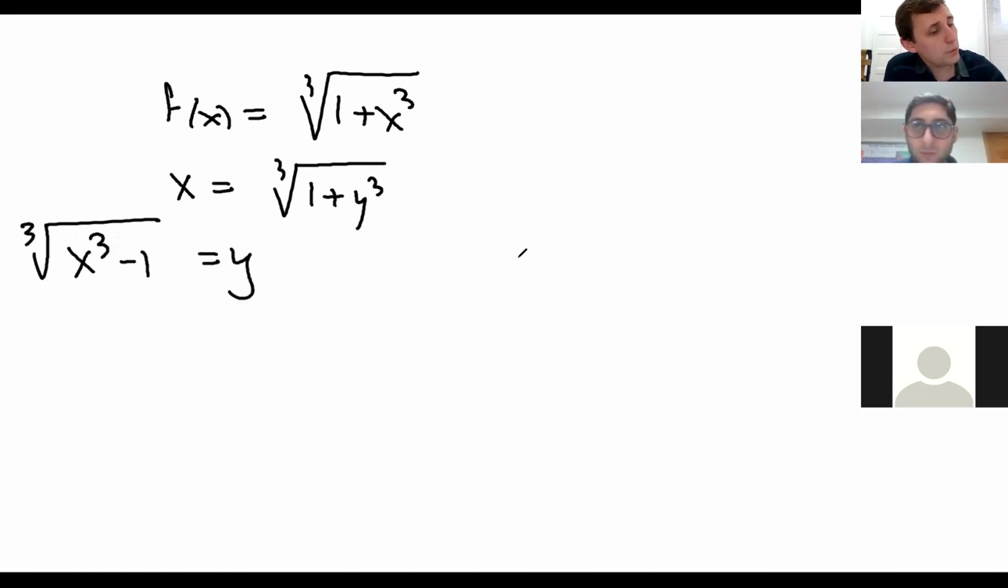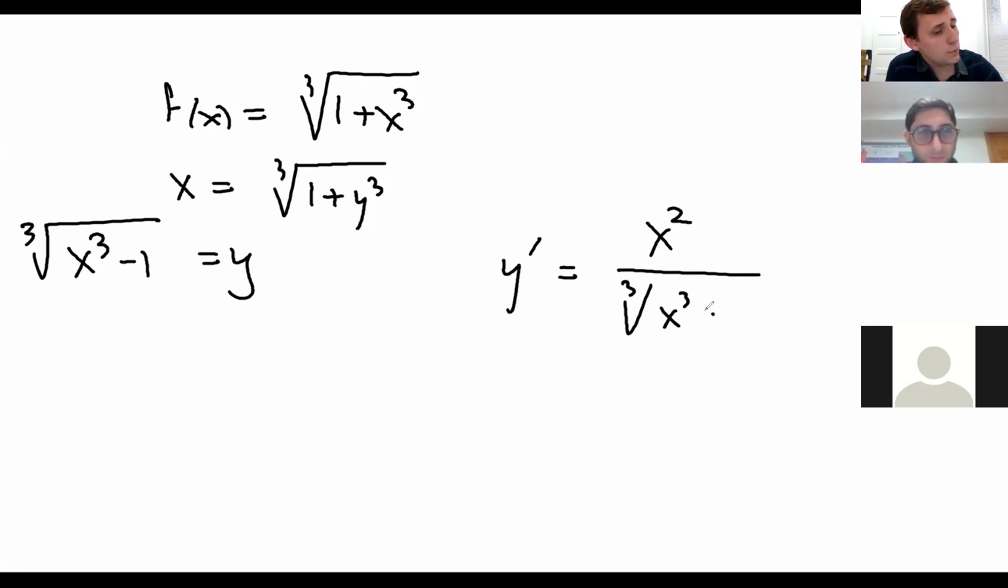So my formula for the derivative of the inverse in explicit terms is x squared divided by the cube root of x cubed minus 1, squared. Understood?